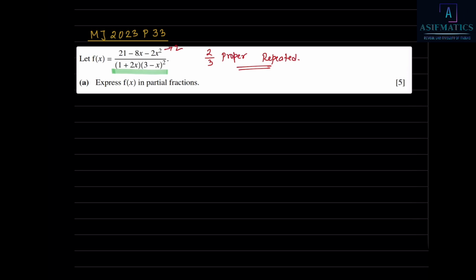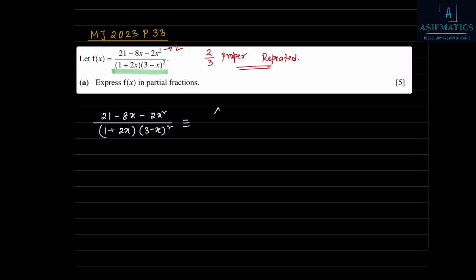So let's see what we have, and now we can write this one as (21 minus 8x minus 2x square) divided by (1 plus 2x)(3 minus x whole square), identical to, now we will write the repeated formula.